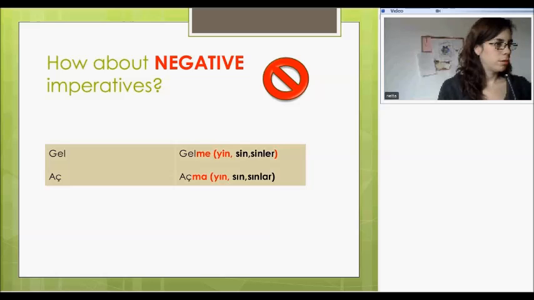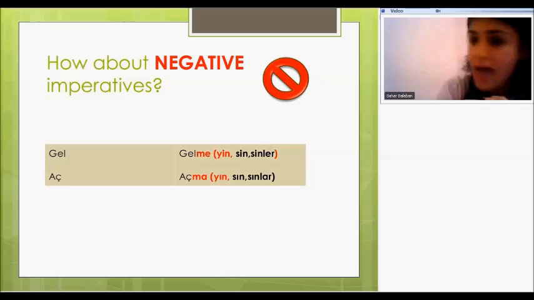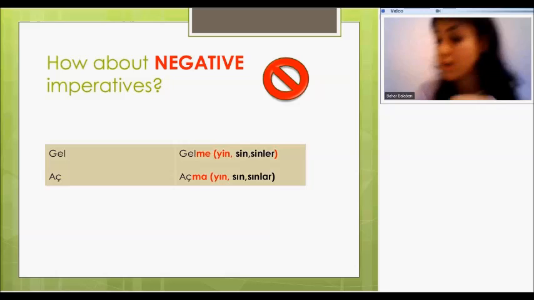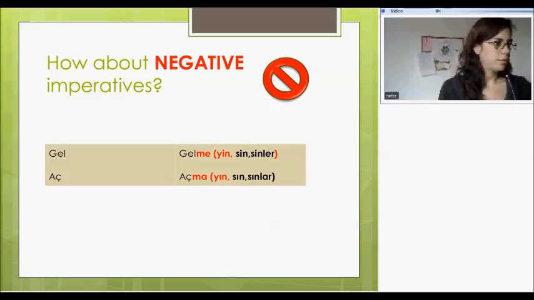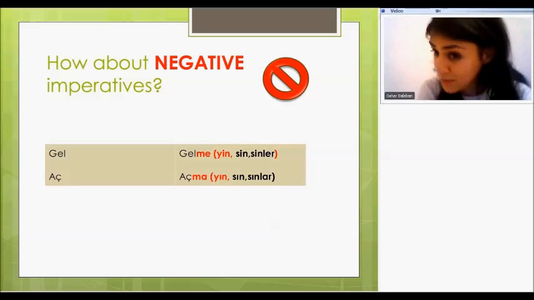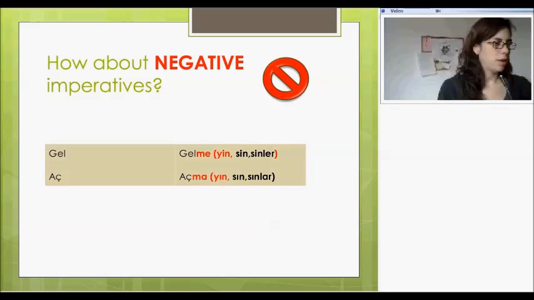No. And do we need to use a subject in our sentences? No, you just add it with the verb. Exactly. And what do we do to make a positive imperative sentence negative? You just add the "me" or the "ma," depending on the vowel harmony.